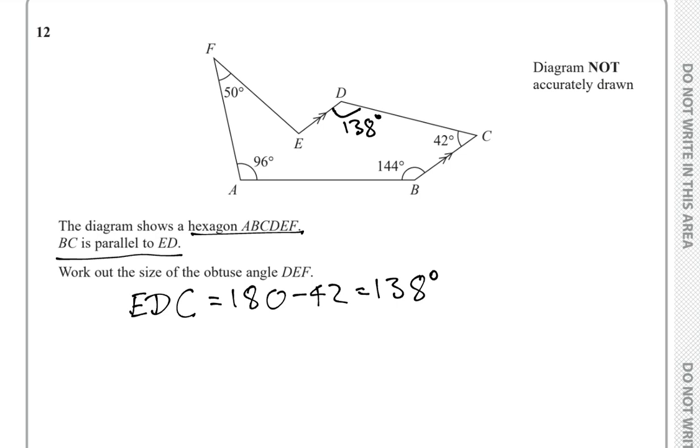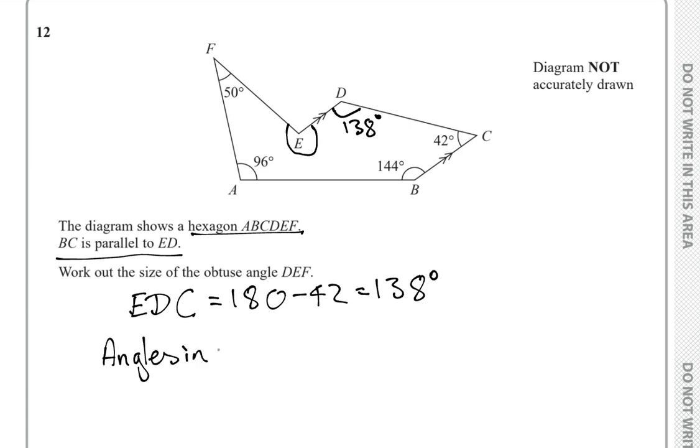And then I'm trying to work out the size of the obtuse angle DEF, so I'm trying to work out that angle there. Well, this is a hexagon, so I know what the angles in a hexagon add up to.